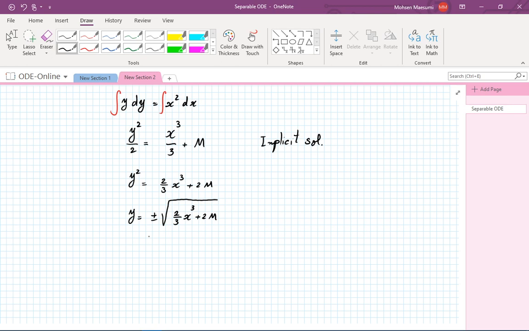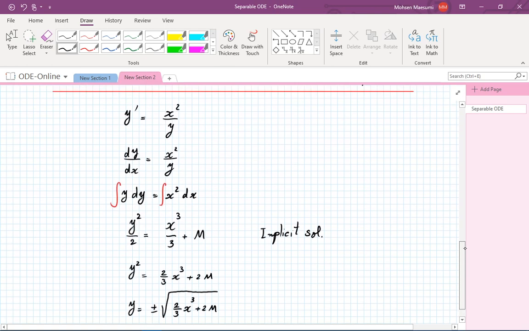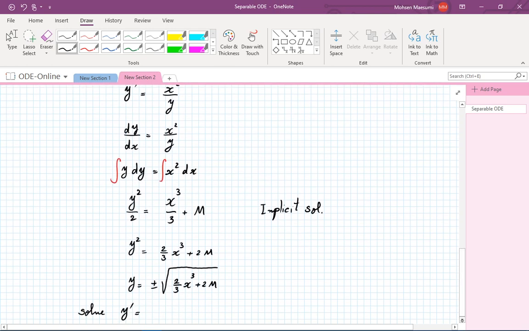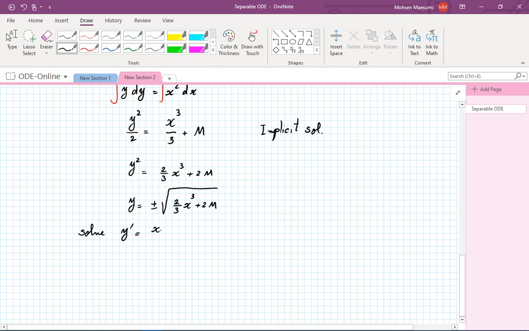Well, in mathematical examples that imitate this, we also have an initial condition. For example, we might say solve y prime equals x squared over y, the same problem we looked at, subject to, for example, y of 1 is equal to 2.